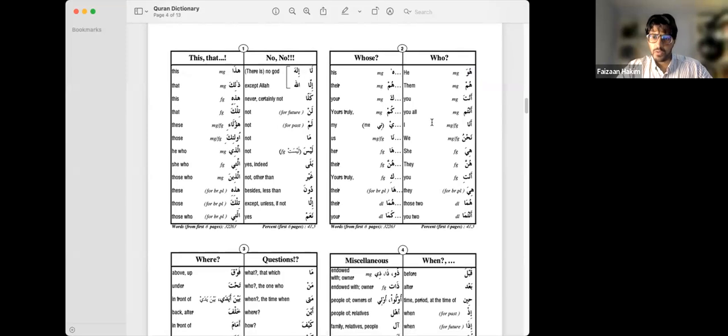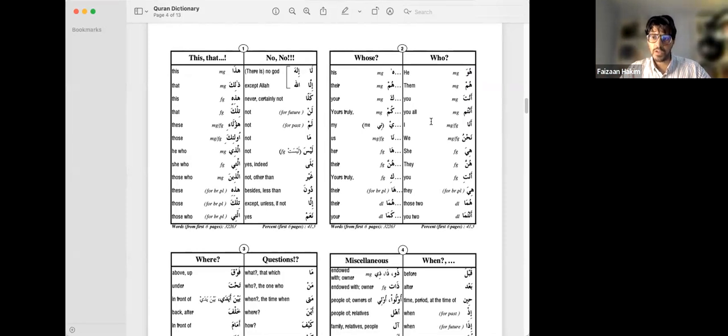So that's the pronouns. We also learnt noun declensions. You have rajulun, a man, ar-rajulu, the man. Then you can put two nouns together like rajulu baitin or rajulul bait, the man of the house, al-bait. We learned that if it's the subject, it's rajulun.